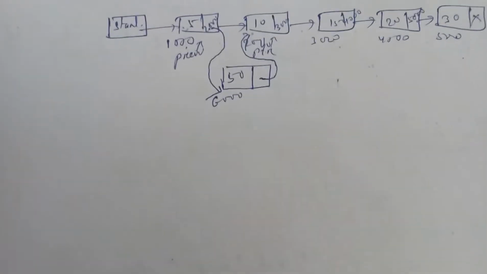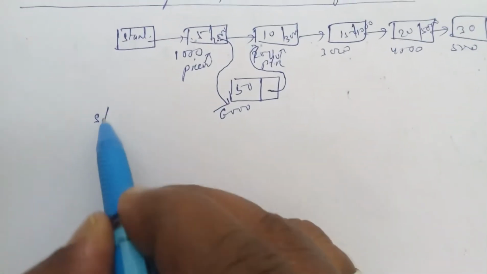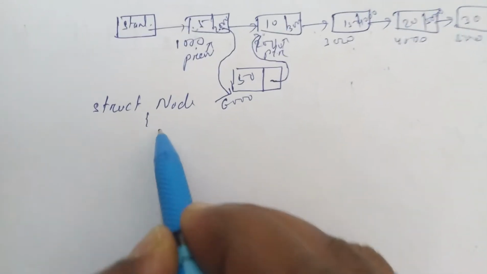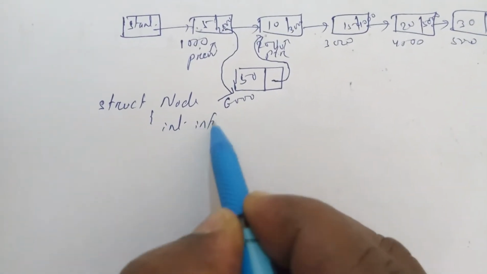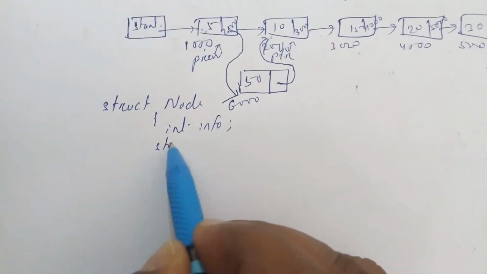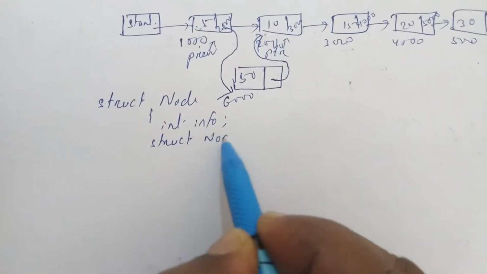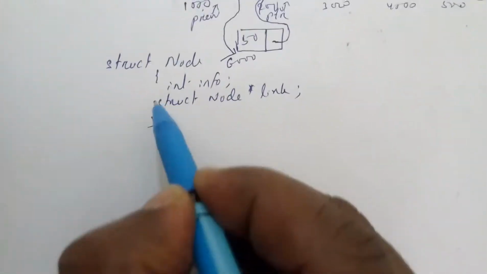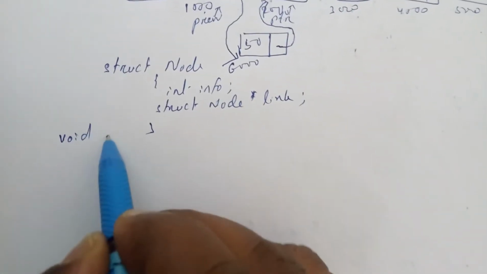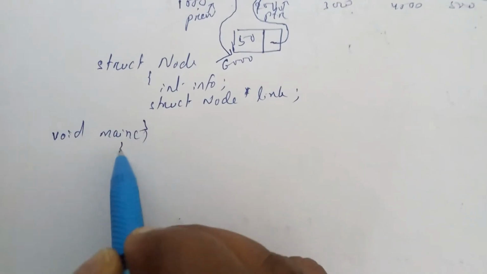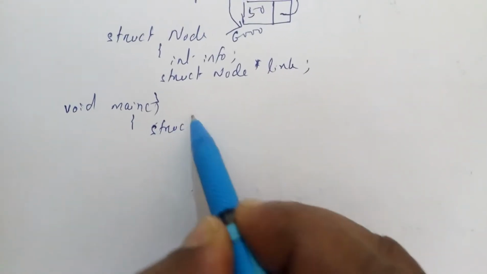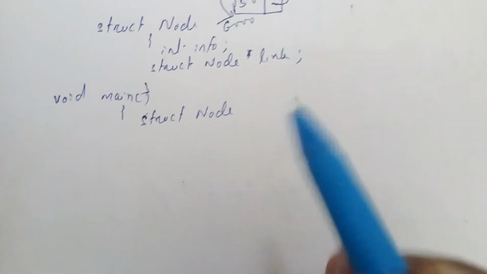So we'll see the program for this. Suppose the node is struct node, int info, struct node asterisk link, void main. We have defined the pointers as struct node.